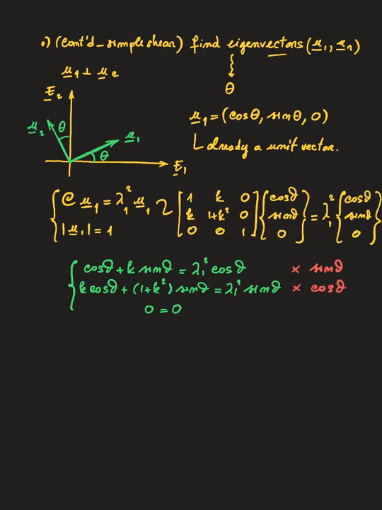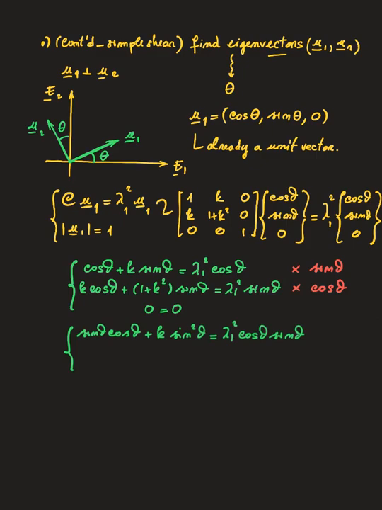So let's do it. I want to recopy these below. So this becomes sine theta cos theta plus k sine squared of theta equal to lambda 1 squared cos theta sine theta. Multiply the second times the cos.